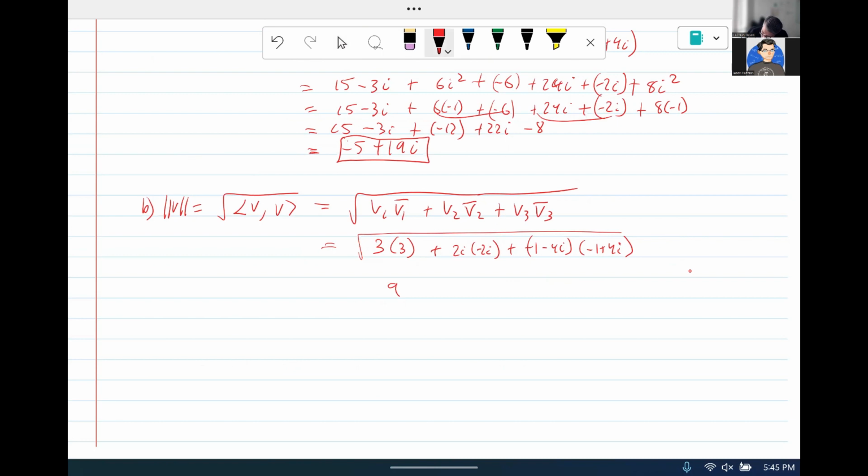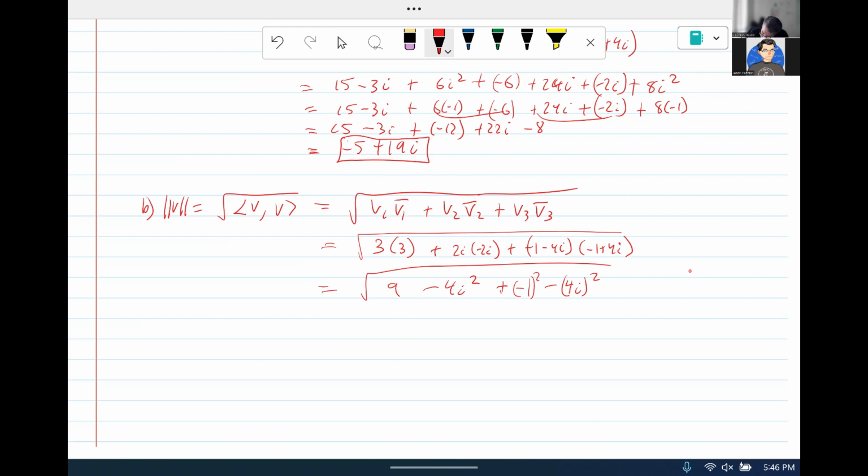And so we get 9 minus 4i squared plus, this is the difference of two squares, so this is going to be plus negative 1 squared minus 4i squared, because the middle terms would drop out.